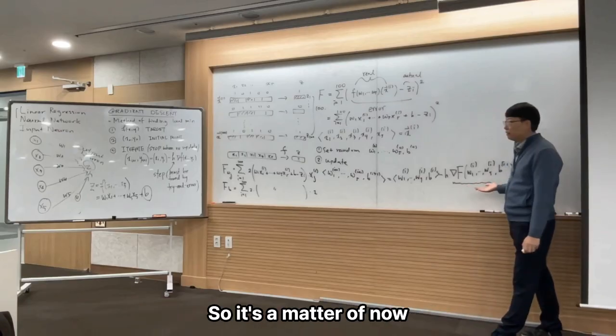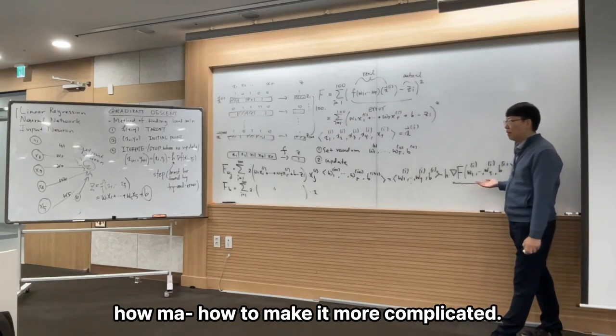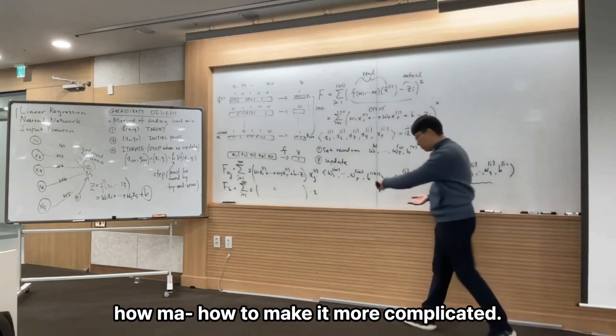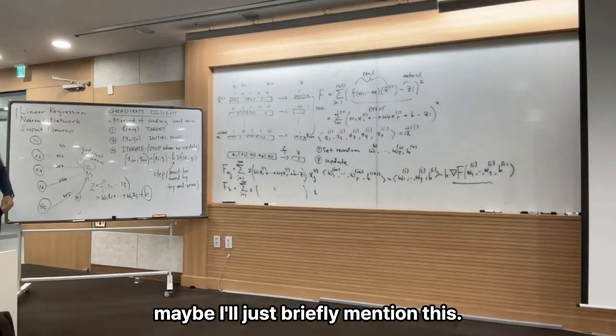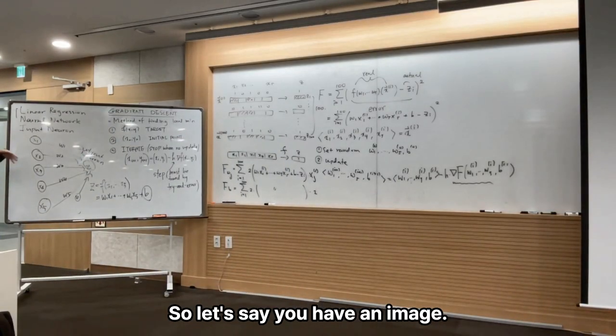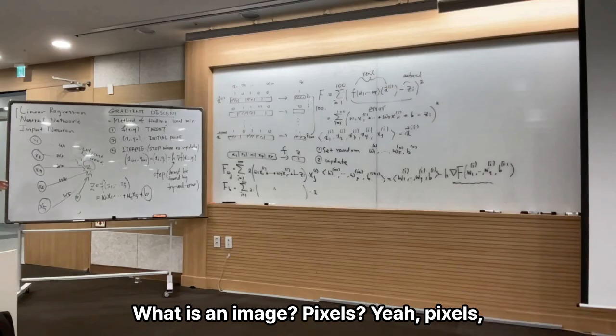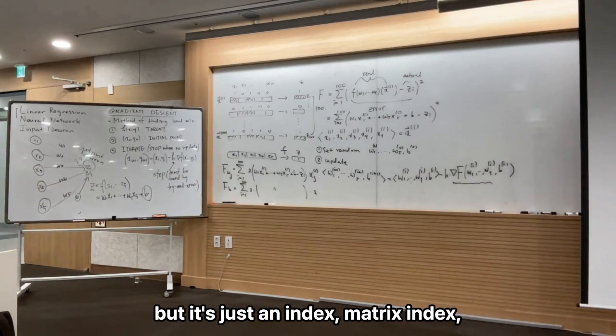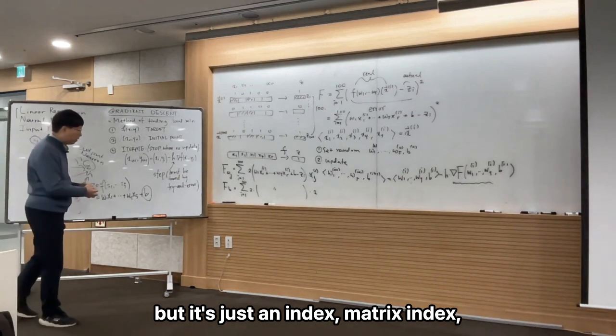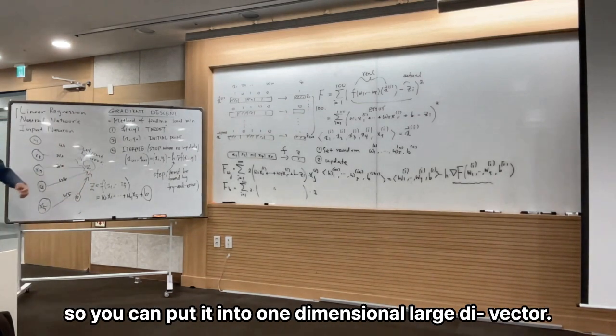That's all. So it's a matter of now how to make it more complicated. Since we don't have much time, maybe I'll just briefly mention this. So let's say you have an image. What is an image? Yeah, pixels. And pixels have coordinates and a color. The coordinate is a number, but it's just an index, a matrix index, so you can put it into one large one-dimensional vector.